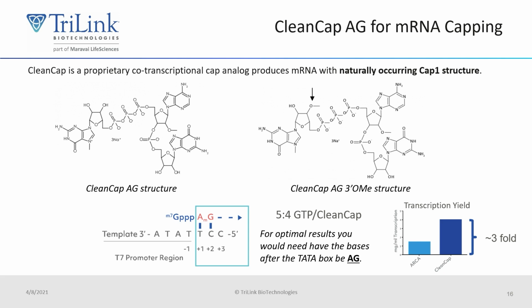This enables the very high capping efficiency that CleanCap provides, and it also means that you don't have to limit the NTPs in the transcription like you do with legacy cap analogs in order to promote higher capping efficiencies. As such, the transcription yields using CleanCap are typically around threefold higher compared to those legacy cap analogs such as ARCA.